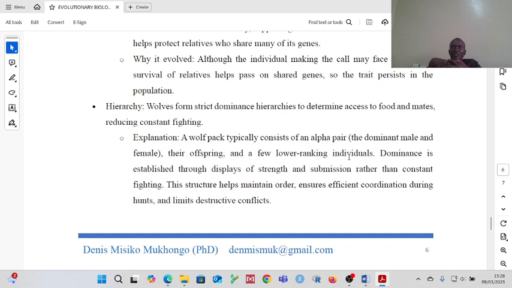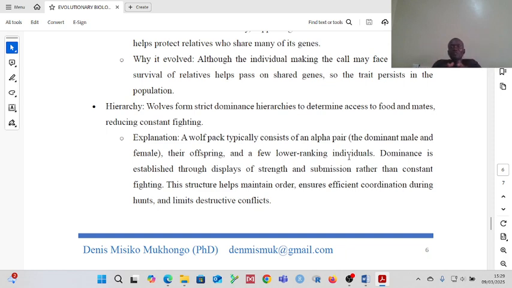So by that, hakuna haja ya kuendelea kupigana ndio kuweza kuweka the structures. So you avoid the constant fighting. How is that done? Dominance is established just by the display of strength. So the higher the strength level, that's the dominant pair. Then the remaining ones submit automatically.